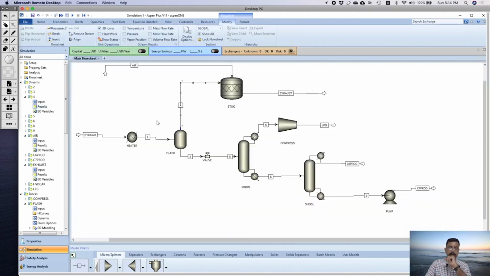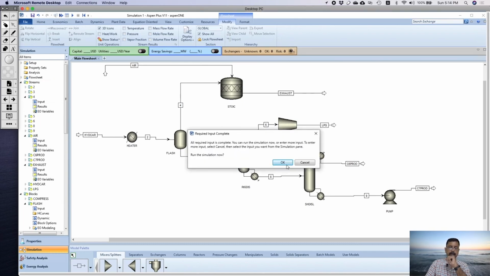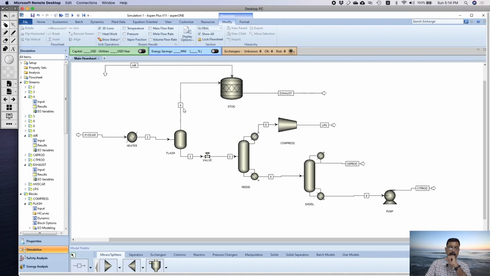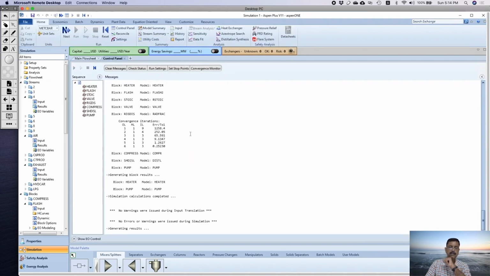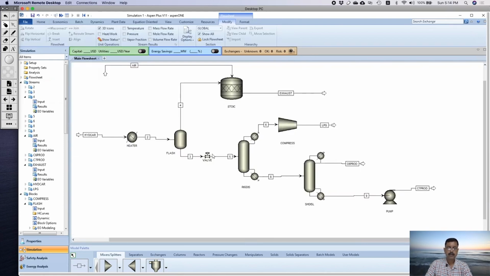Now if we run this simulation with a change from 40 to 30, let us see what happens. Remember, it was earlier 30.5667.